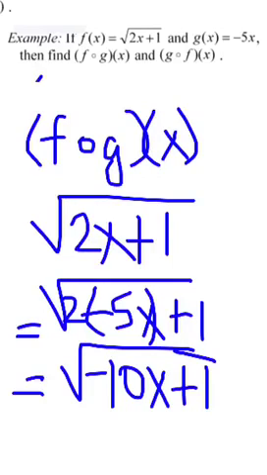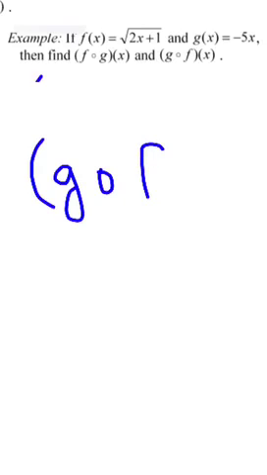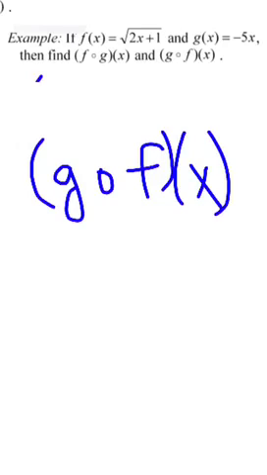Next, let's find g of f of x. So here, you take whatever f of x is, in this case the square root of 2x plus 1, and plug all of that into the x that's in g of x.